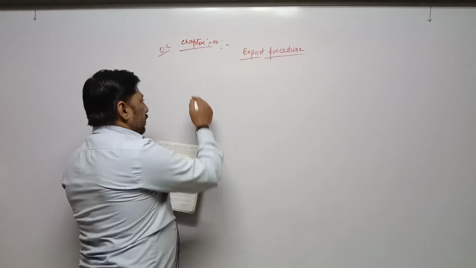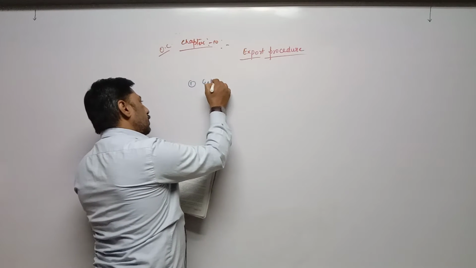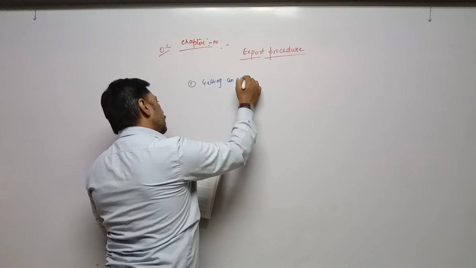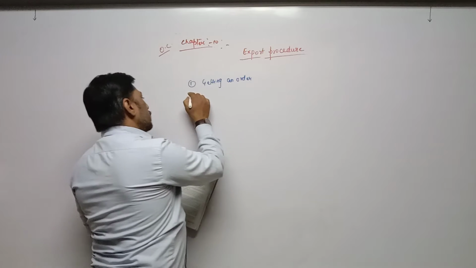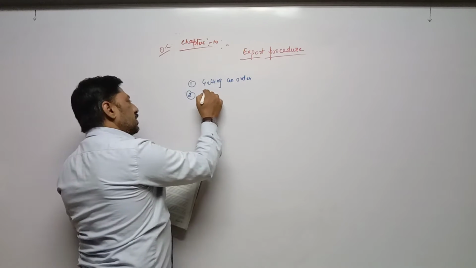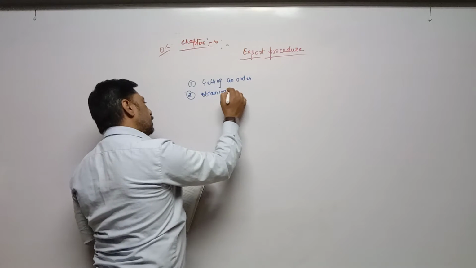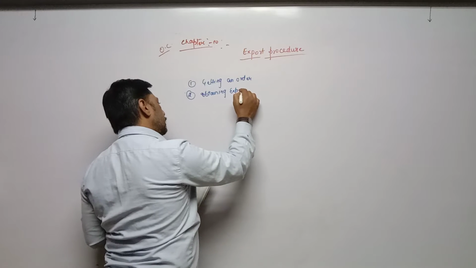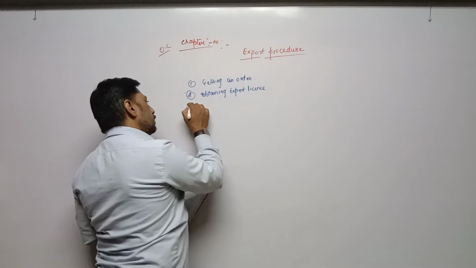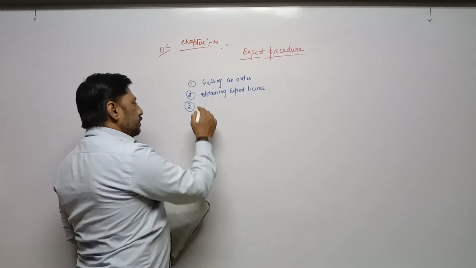In export procedure, first point is getting an order. Second, obtaining export license. Third one is collecting goods.